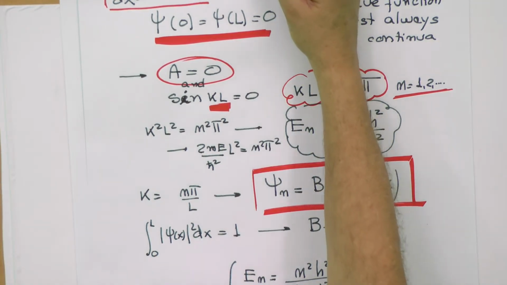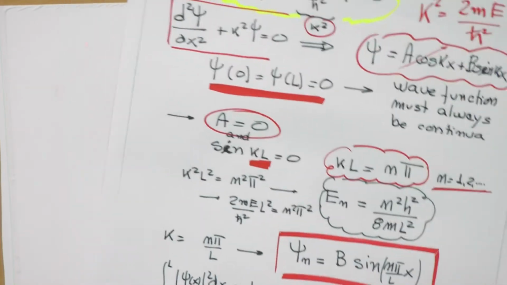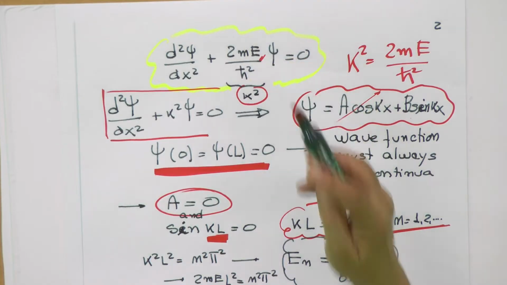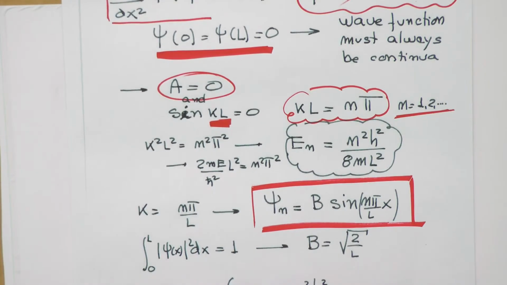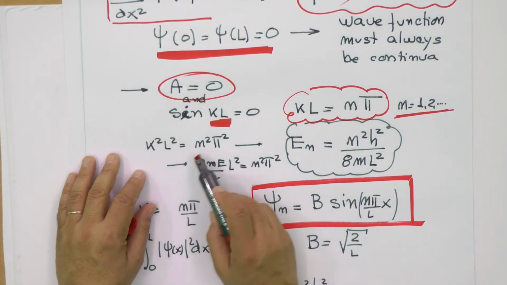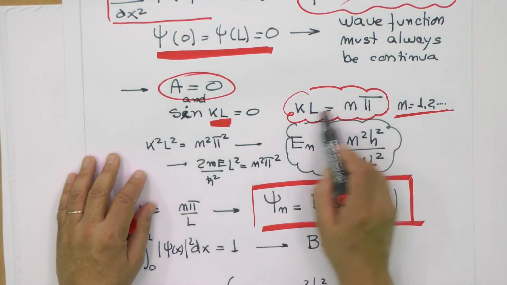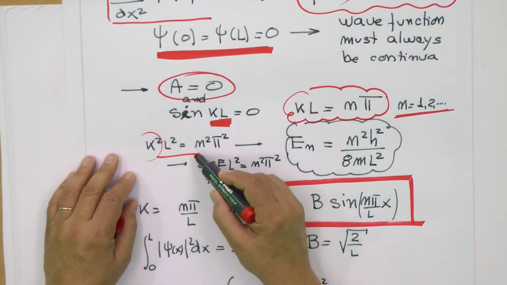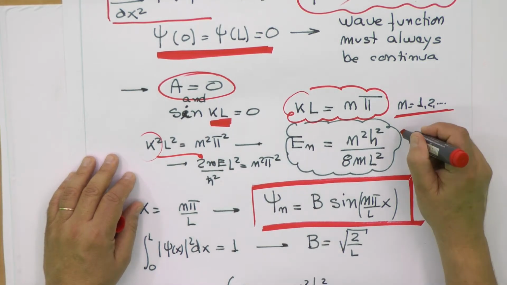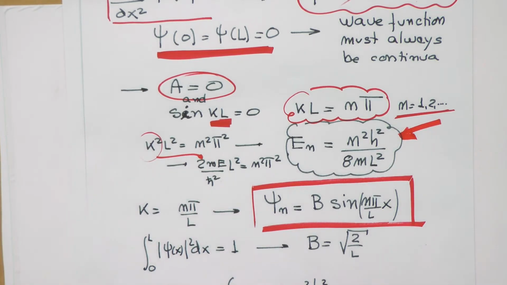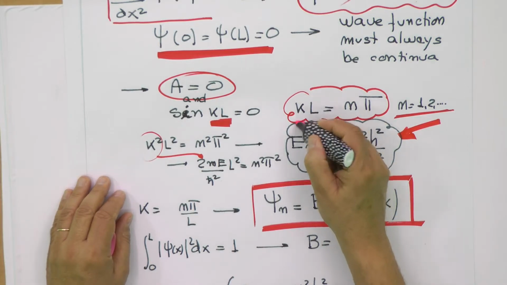The mass of the particle and h bar are constants, so the only thing that can obey this is the energy. By imposing this condition, k squared L squared equals n squared pi squared. I just square this relation, and in the place of k squared I put the term that depends on the energy, and I get a discrete set of energies for this problem. Those are the possible energies.